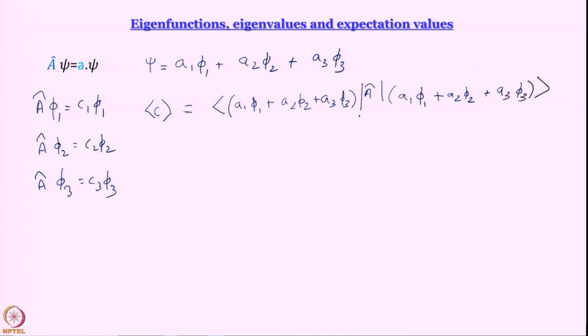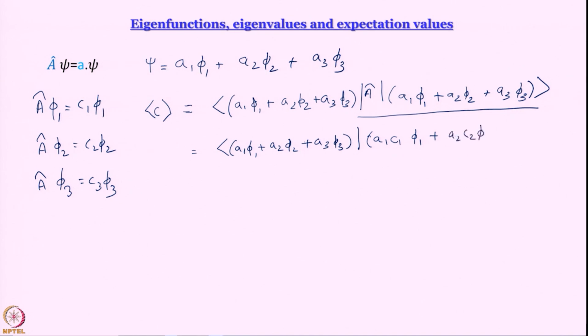What will I do? First of all, I will work with the ket vector. I will leave the bra vector as it is. I will write A1 phi 1 plus A2 phi 2 plus A3 phi 3. And now what happens when A hat operates on phi 1? I get C1 and A1 is already there. So, in the ket vector I get A1 C1 phi 1 plus A2 C2 phi 2 plus A3 C3 phi 3.